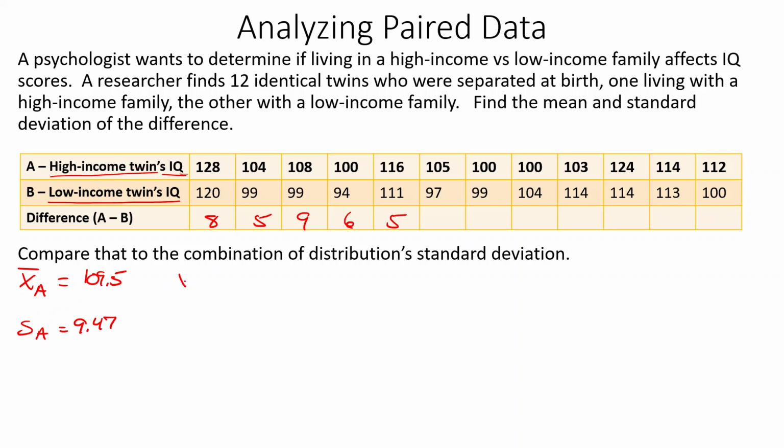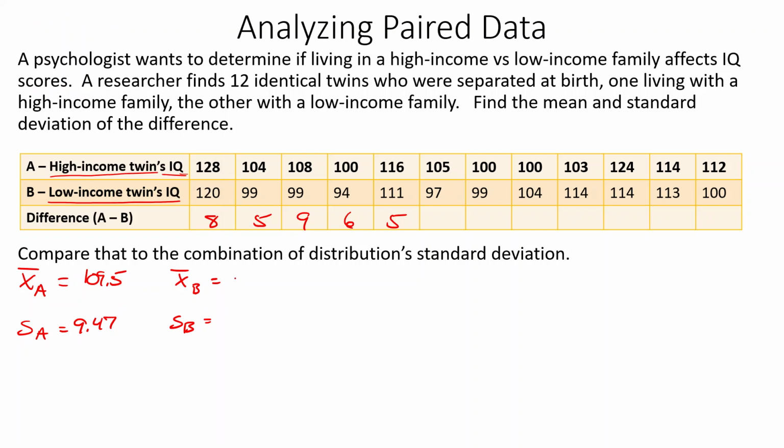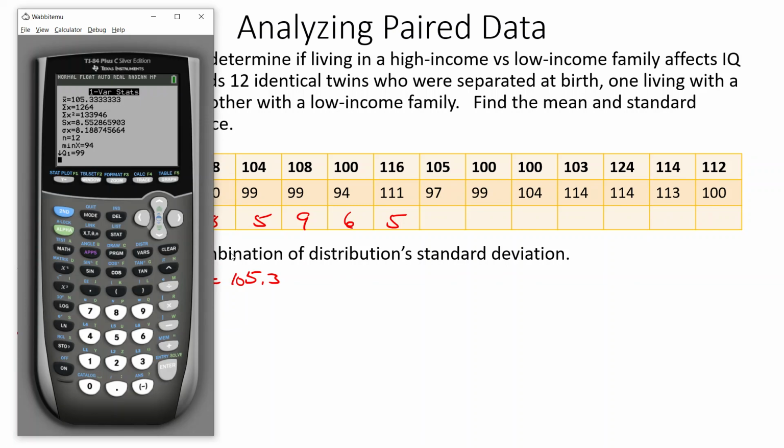All right, now let's take a look at the mean for B and the standard deviation for B. So let's see, stat, calculate one variable statistics. And now we're going to look at L4. And we've got a mean of 105.3 repeating, and a standard deviation of our sample of 8.55.